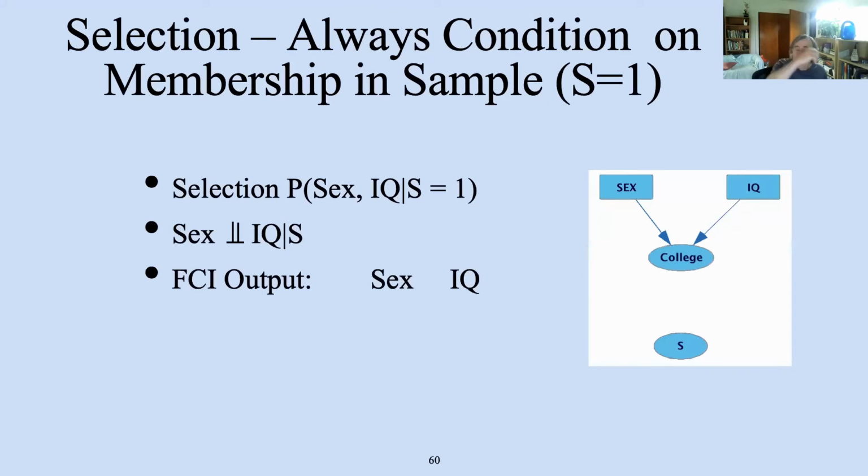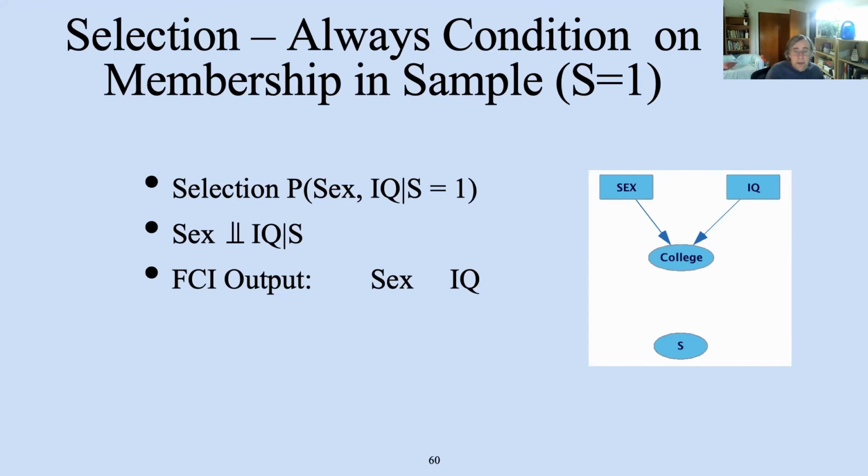So suppose here that I had measured sex and IQ, and that in the population, sex and IQ were independent, but that there was some college that had a biased admissions policy, so that sex and IQ together caused whether or not you were accepted to that college.